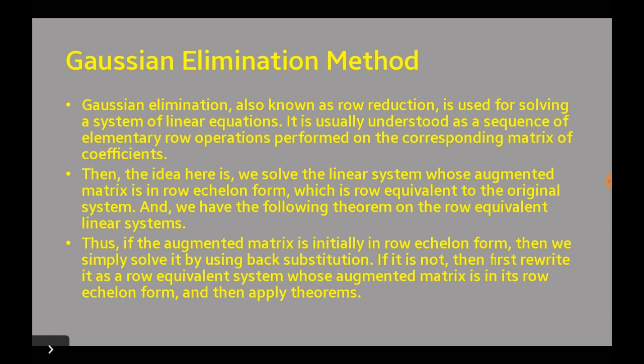And we have the following theorem on row equivalent linear systems. Thus, if the augmented matrix is initially in row echelon form, then we simply solve it by using back substitution. If it is not, then first rewrite it as a row equivalent system whose augmented matrix is in row echelon form, and then apply the theorem.